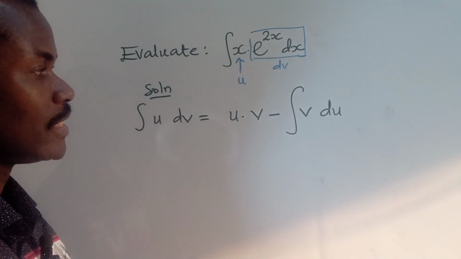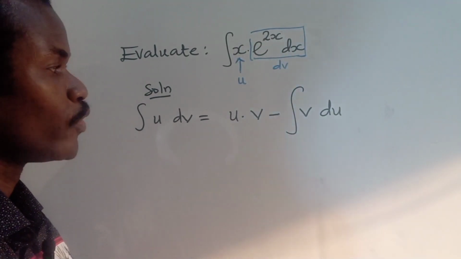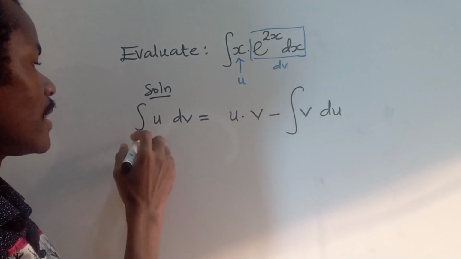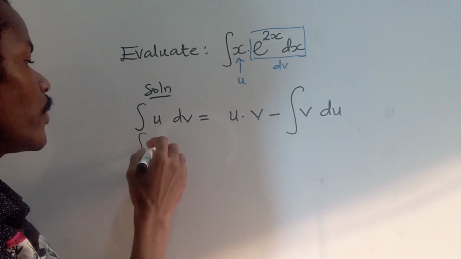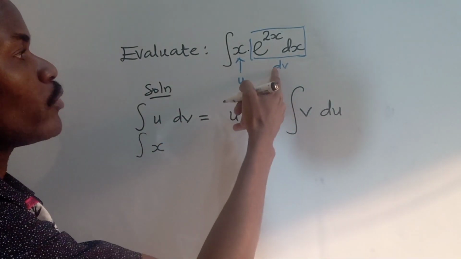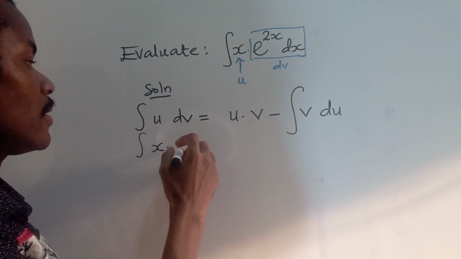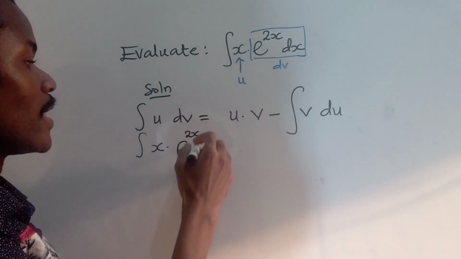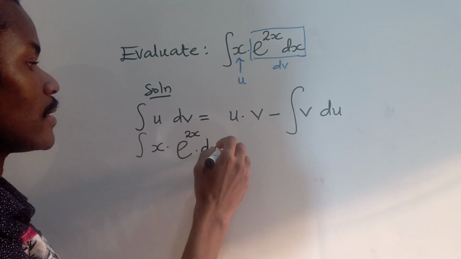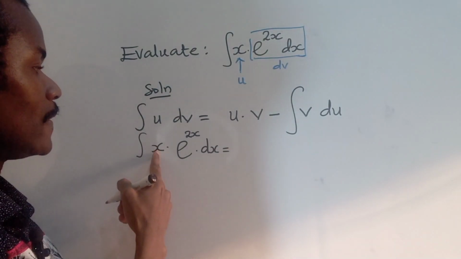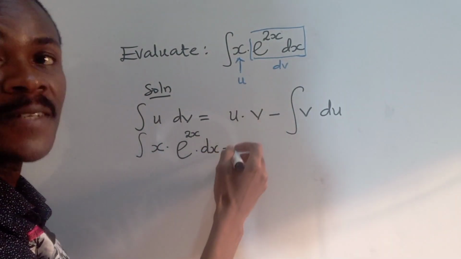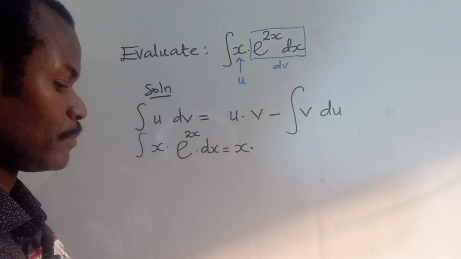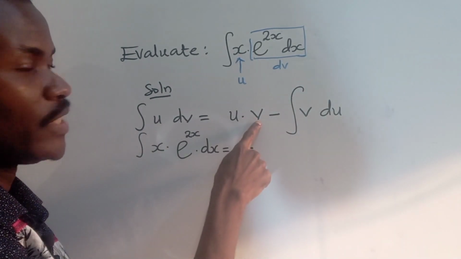But one thing is we have to look for v. So we have the problem as the integral of x, and we have our dv as e to the power 2x multiplied by dx. Since our u is x, now what is v?